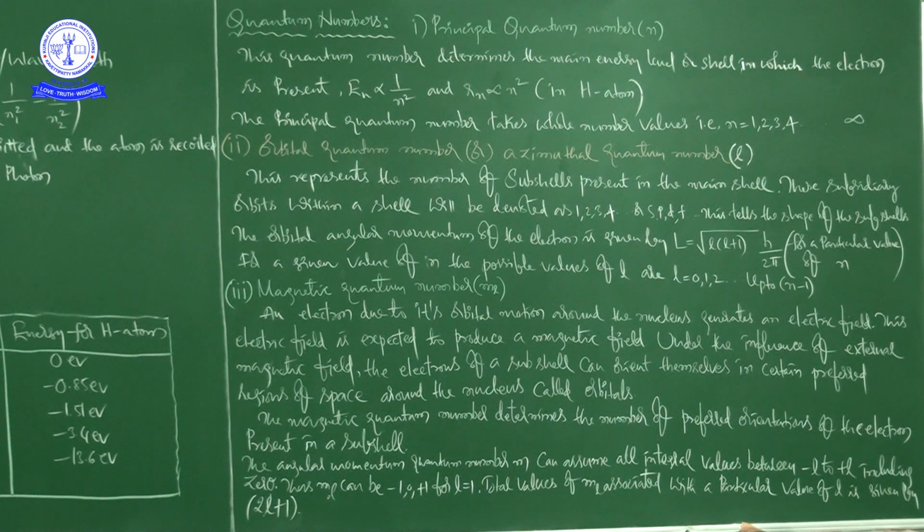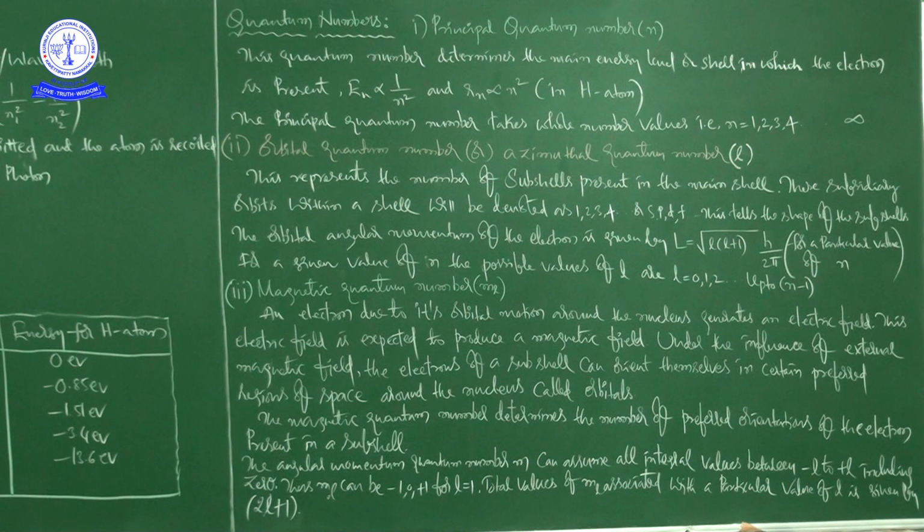So, in these four lines of information, he is talking about the presence of electric field, the production of magnetic field, and also how the orbitals are going to form and what the orbitals are.